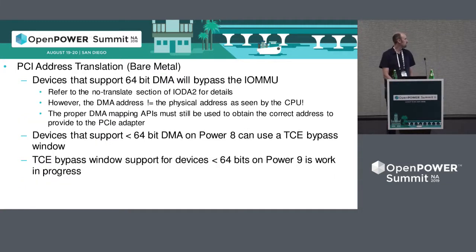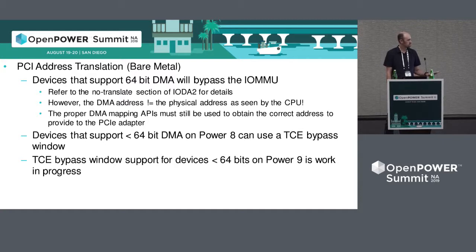For bare metal, as long as the device supports 64-bit DMA, we don't use TCEs at all. We use what's called no-translate, direct addressing, and bypass the TCE. However, this doesn't mean that the DMA address equals the physical address. Bit 59 is on. But you need to make sure that you're still using the proper APIs, mapping and unmapping DMAs.